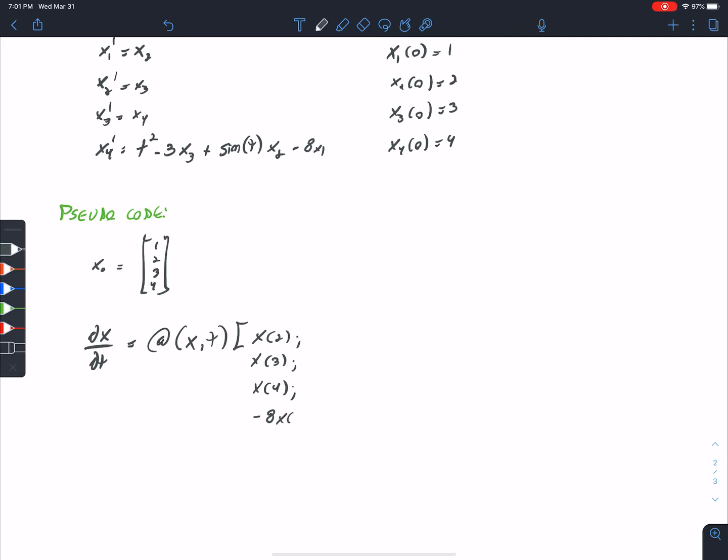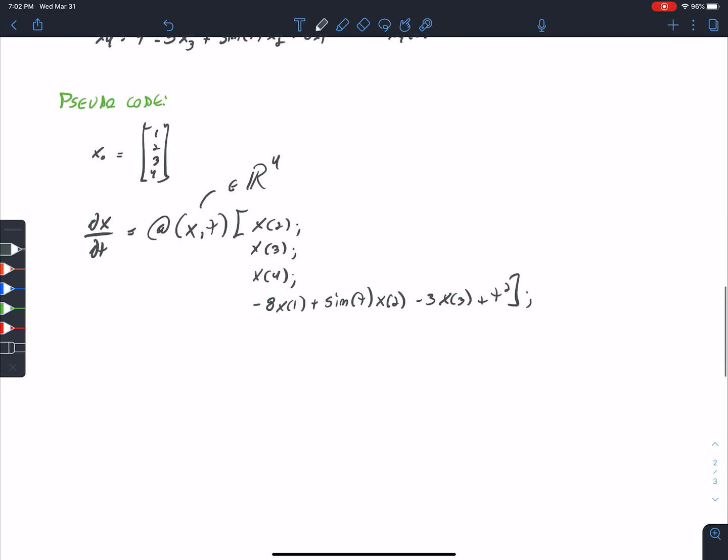Minus 8x1 plus sine of t, x2 minus 3x3 plus t squared. Right, so that's how we declare this function, where again here x belongs to the set of reals, it's a vector of 4 dimensions.